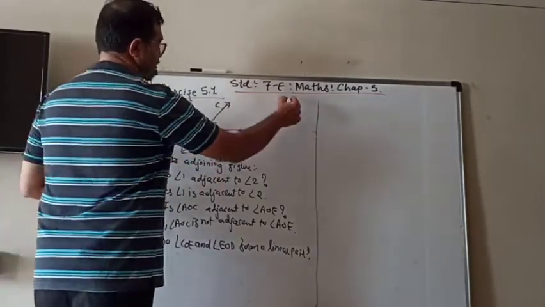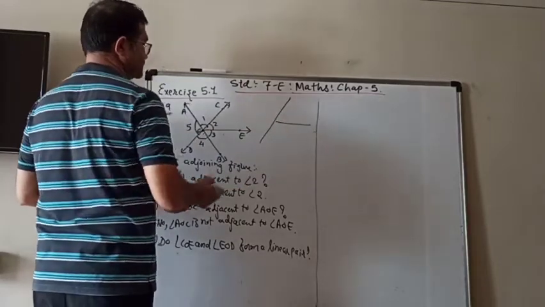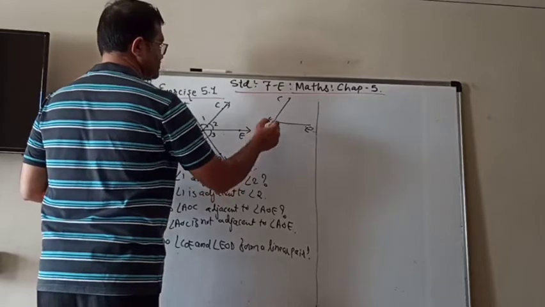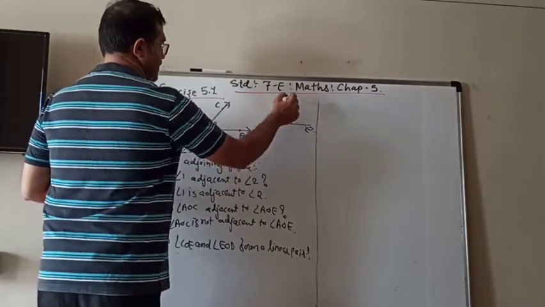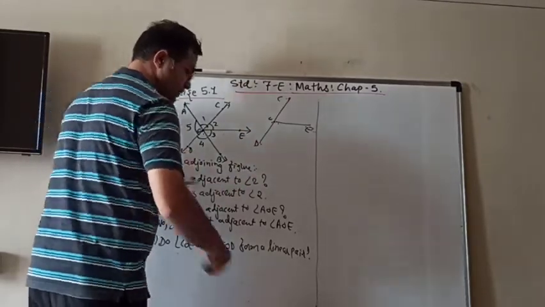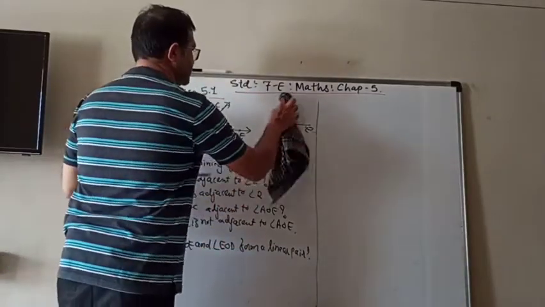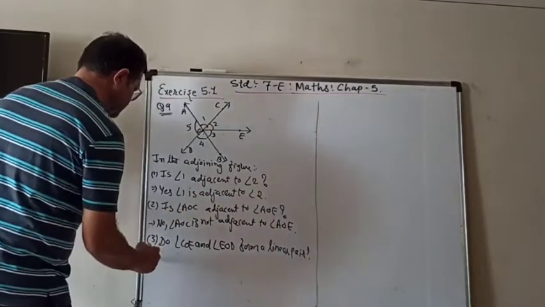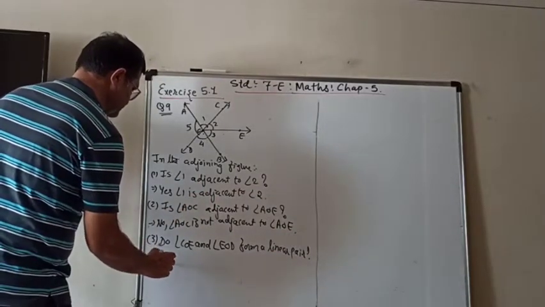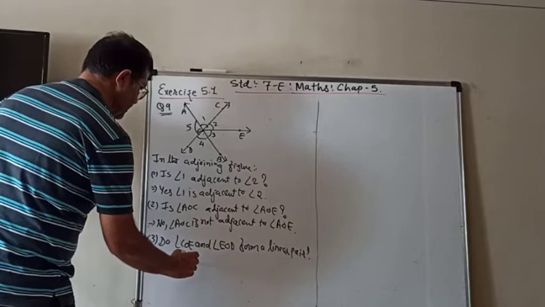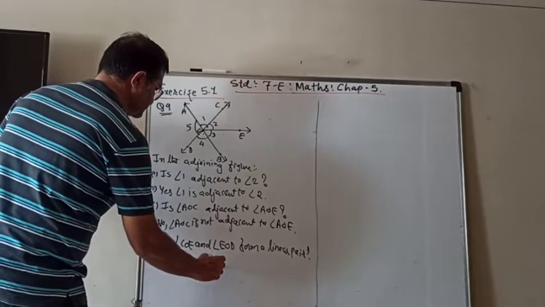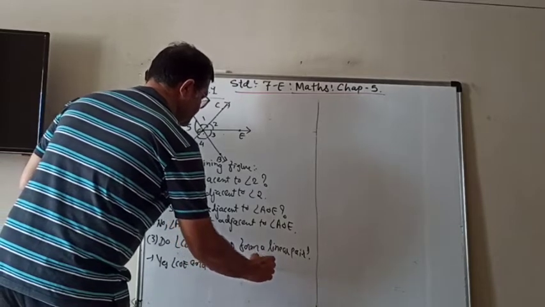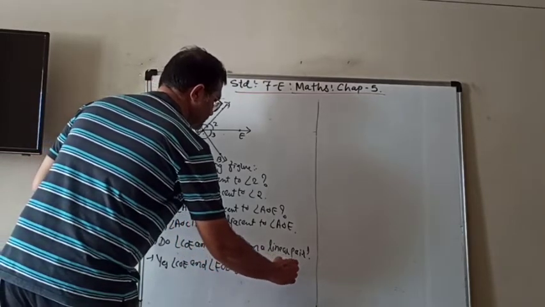Look here, COE and EOD. You can see that the non-common arms are making a line. It means that they form a linear pair. So that is right. The answer is yes, angle COE and angle EOD form a linear pair.